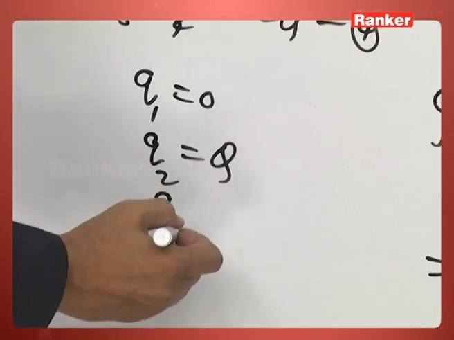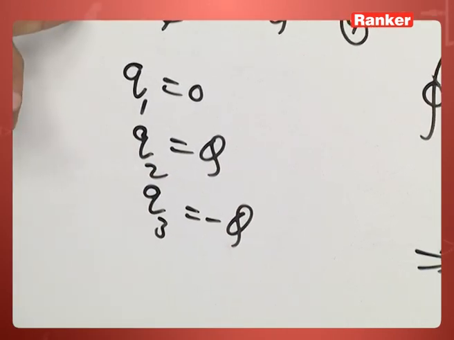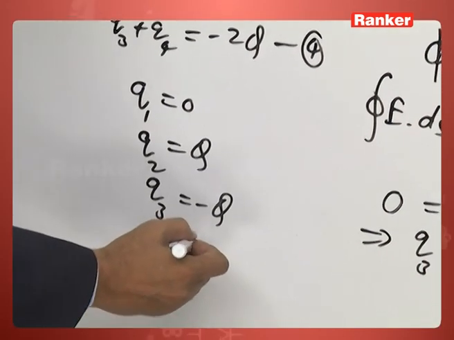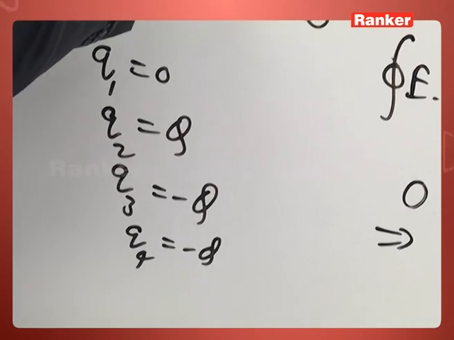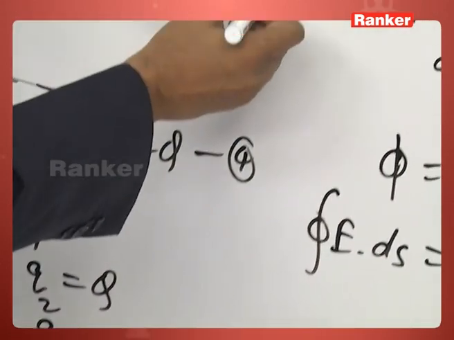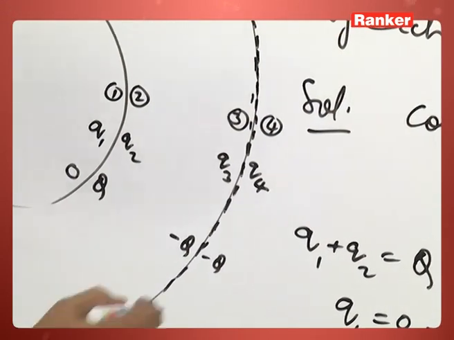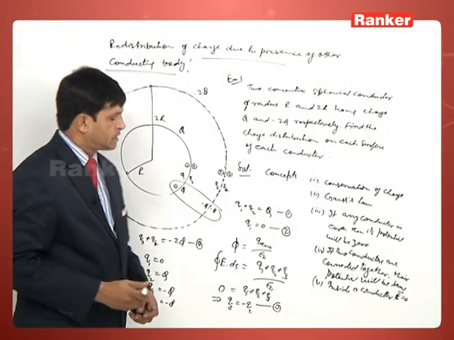So Q3 will be minus Q, and if Q3 is minus Q, then Q4 will also be minus Q. The final distribution of charge is here: 0, Q, minus Q and minus Q. This is the final charge distribution of this shell.